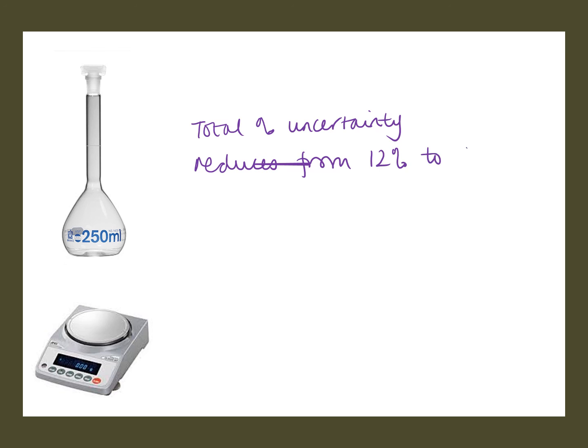So by switching from non-specialist apparatus to these two pieces of apparatus, the total percentage uncertainty using the same measurements as used in the kitchen experiment reduces from 12% to 0.14%, which of course is why we use standard lab apparatus to do things properly in the lab.